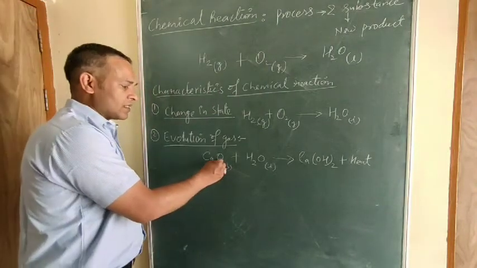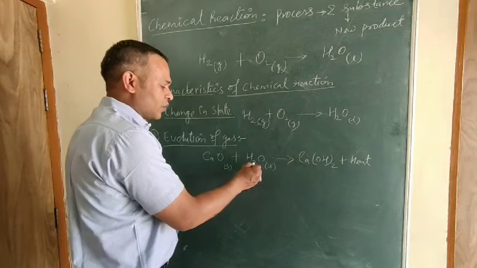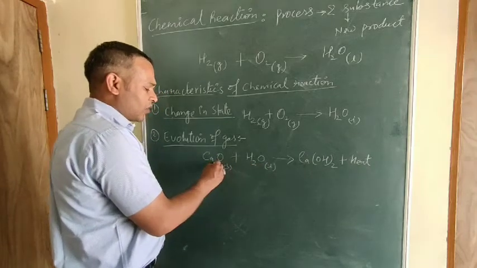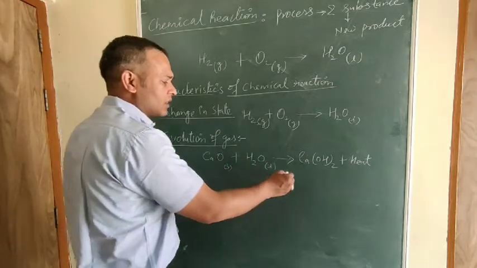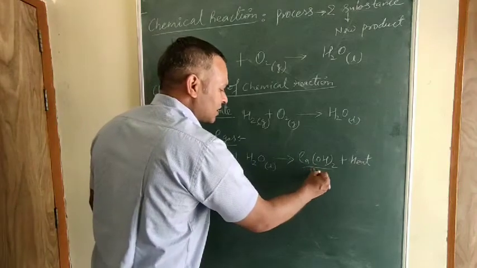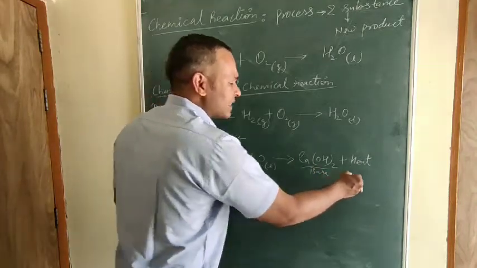It is a solid, it is a liquid. When this calcium oxide is added into the water, the calcium hydroxide is formed, with evolution of energy in the form of heat.